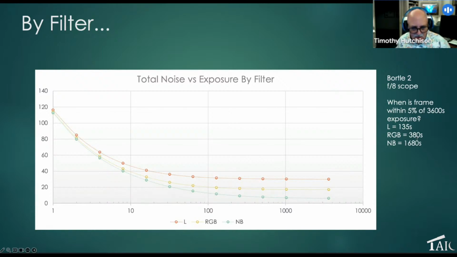RGB doesn't get there until 380. And narrowband doesn't get there until 1680. So we have to shoot longer to get to the point where we've completely minimized out that noise due to sky brightness for a narrowband filter than we do for an RGB filter, and for an RGB filter than we do for luminance. All right, Eric, shoot me with your question.